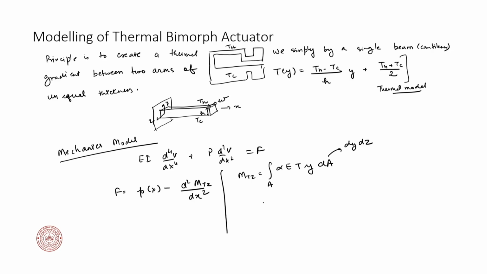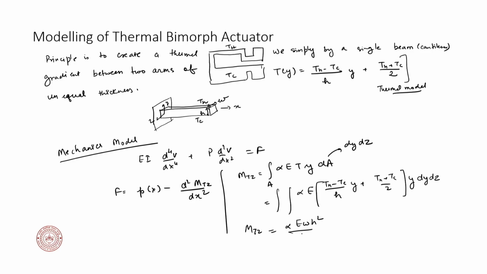So, we can integrate this, integrating with respect to y over h, E of this (Th minus Tc) by h into y plus (Th plus Tc) by 2 into y into dy dz. If you integrate this, you will find that MTz will be alpha E w h square over 12 (Th minus Tc).